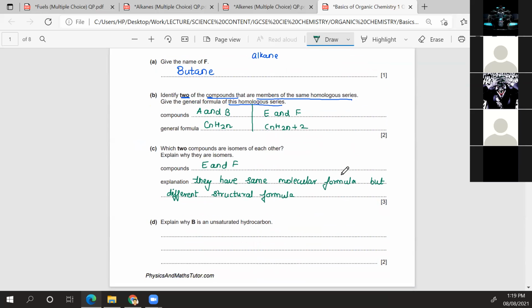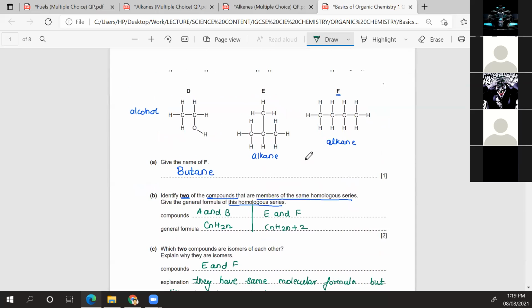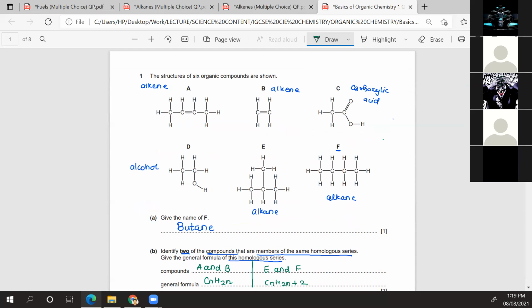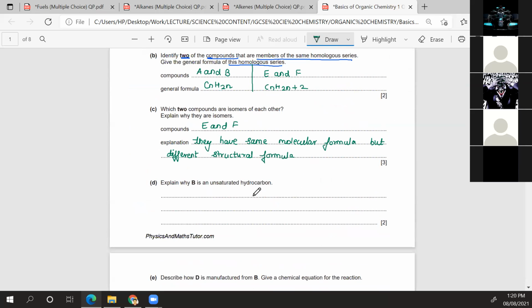Let's go to the next one. Explain why B is an unsaturated hydrocarbon. Since it's a 2-mark question, we have to write 2 points. Unsaturated, because it contains a carbon to carbon double covalent bond.